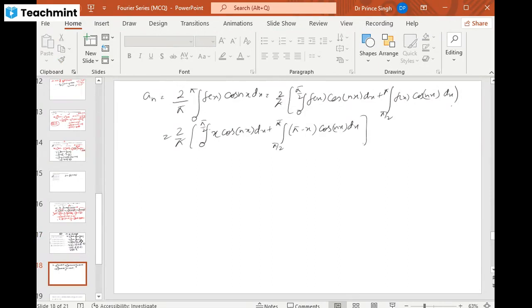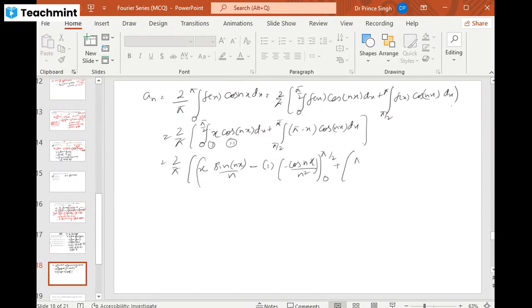So here we apply the product rule. This is first function, this is second. First function, integral of cos is sin nx upon n, minus derivative of x, integral of sin is minus cos nx upon n square, with the interval 0 to pi by 2.